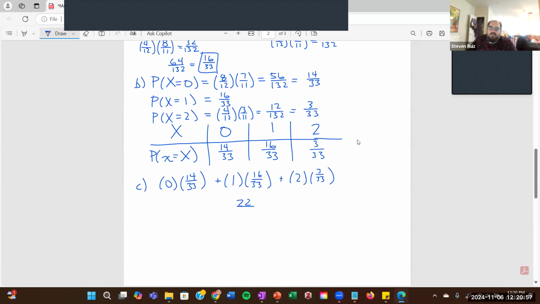That's 22/33. That's exactly 2/3. So this is what I mean with the expected value. Expected value is 2/3. Obviously, I can't draw 2/3 of a sock without some kind of alteration. But this is the expected value if I were to do this experiment.